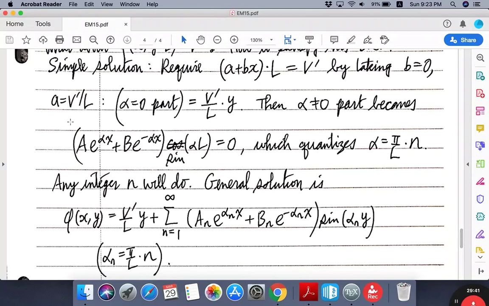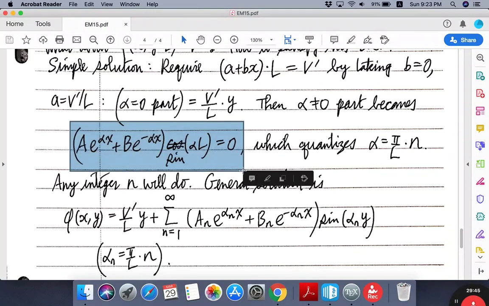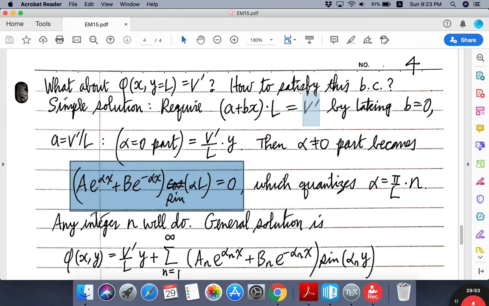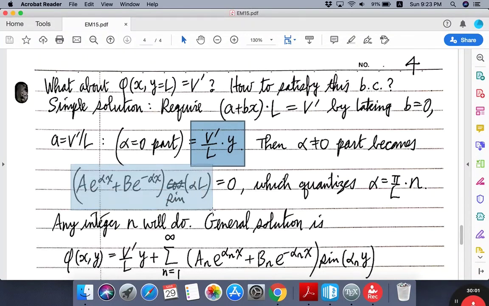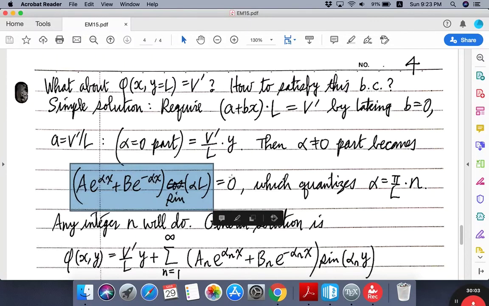That is, when y equals L at the top plate, this whole thing better be equal to 0, because the value equal to V prime has already been taken care of by this linear function. So this function cannot add anything to V prime, which means that the value of this function has to be 0.